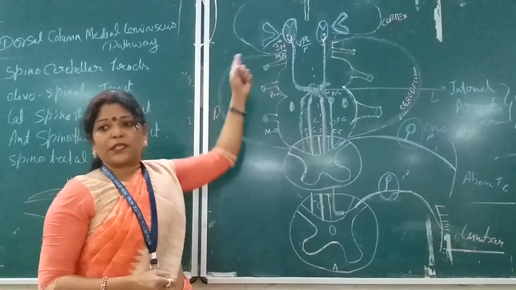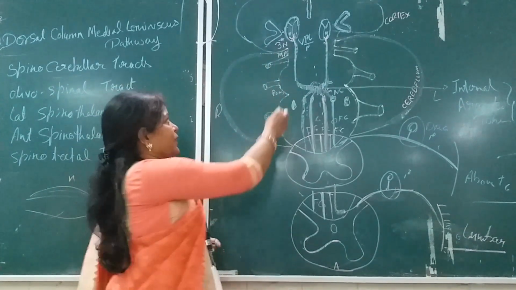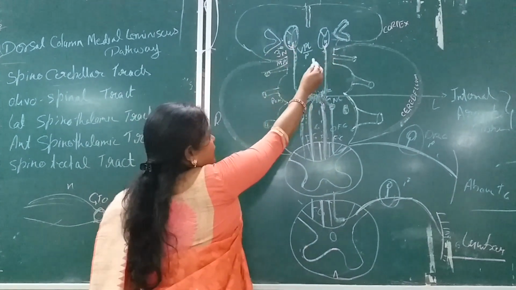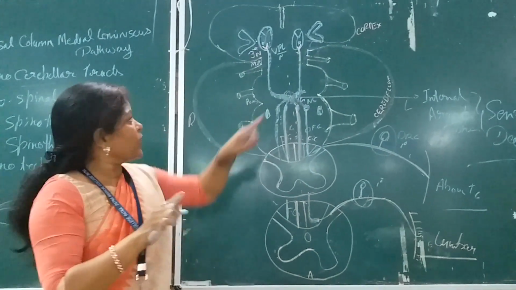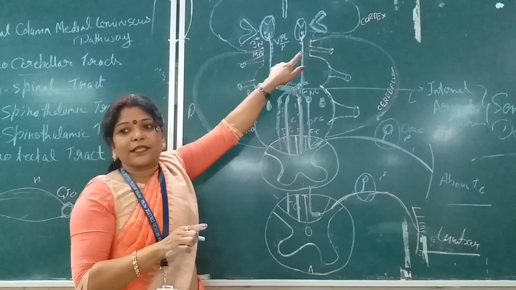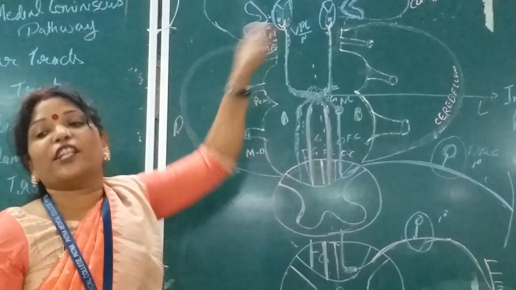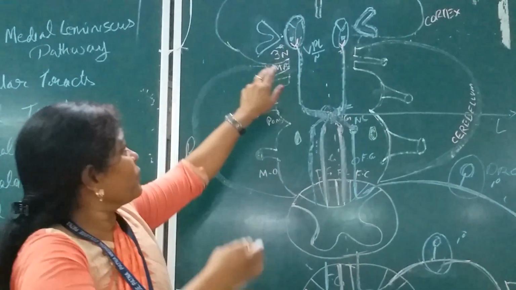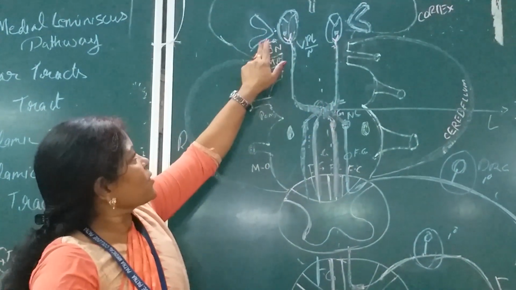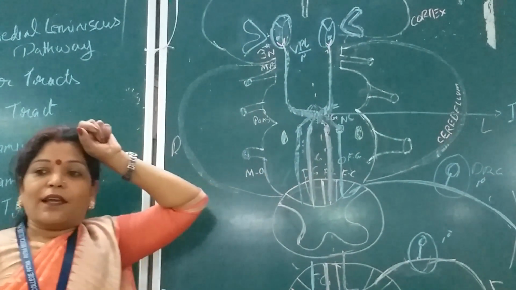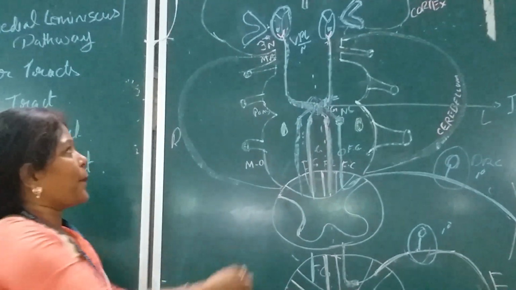So, from this ventro-posterolateral nucleus, what happens? Just lateral to that, I have drawn a V-shaped structure here. What is this? This is a bundle of white fibers. This V pattern that you are seeing on either side of the thalamus laterally is the internal capsule.